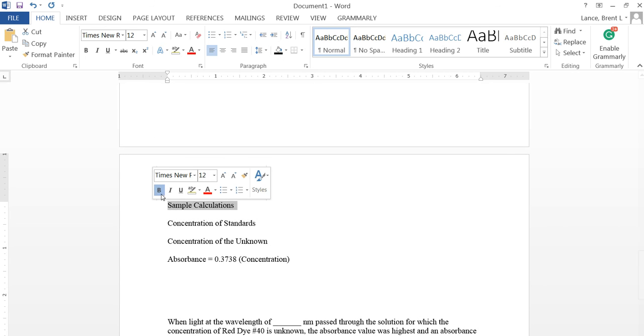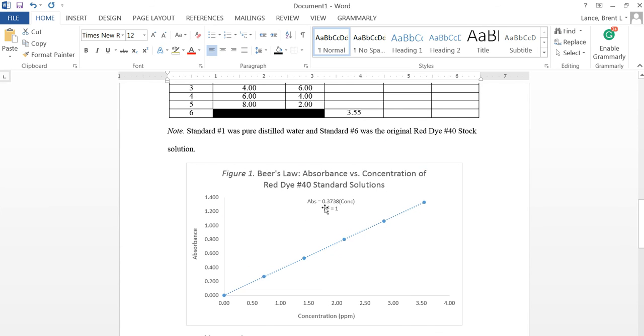Sample calculations is a little subheading, so it would be bold like that. But show your work for one of the standard preparations, and then also for the concentration of the unknown using your linear regression formula that comes from your graph.